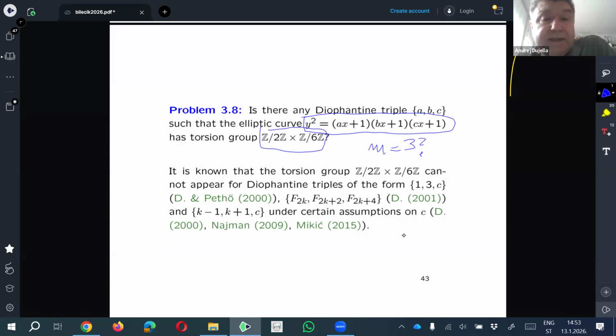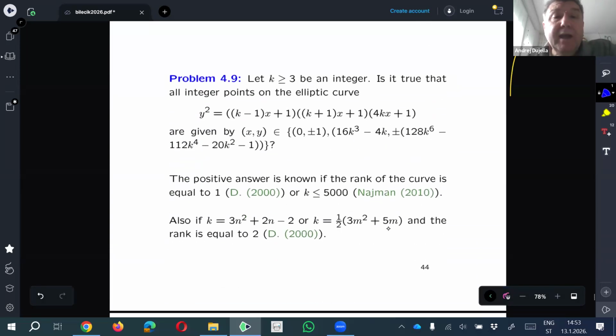There are some partial results due to Attila Pethő, Philip Neumann, and probably the more general one due to Miljen Mikić, for some triples of, say, parametric form or double parametric form, that this torsion group is not possible. Perhaps they suggest that there is no such torsion group, but it is certainly an open problem.